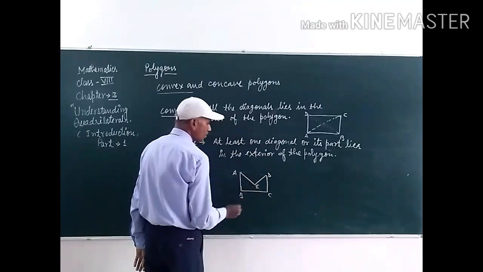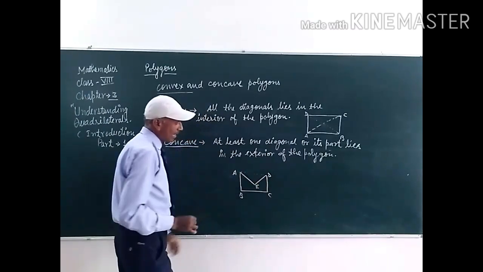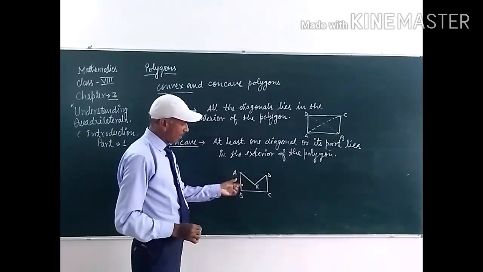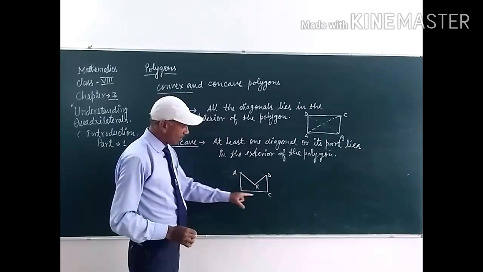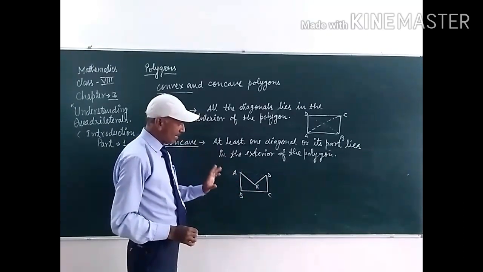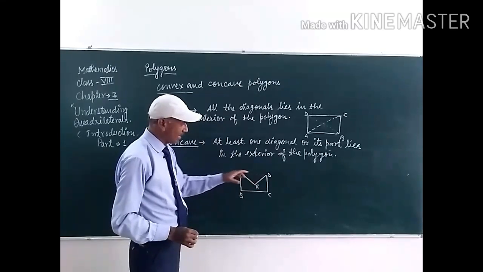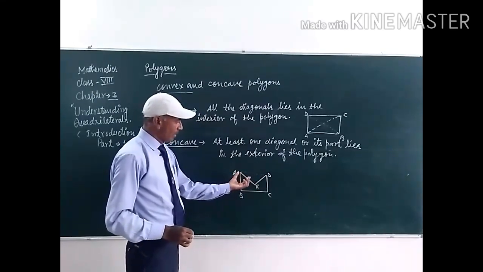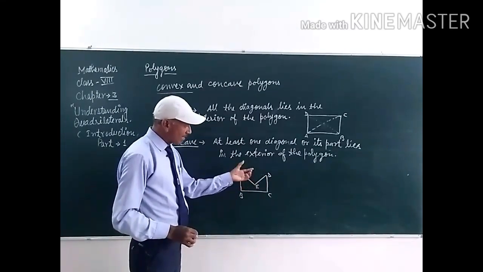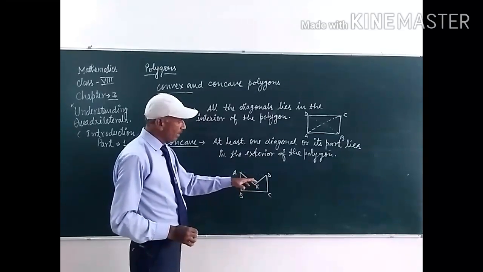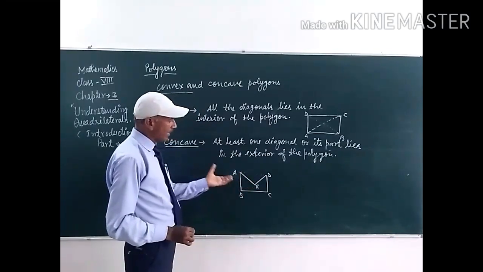Clear, student? So at least one diagonal lies exterior of the polygon, because polygon is A, B, C, D and E, and this diagonal AD is exterior. It is not inside of the polygon, so it is called a concave polygon.